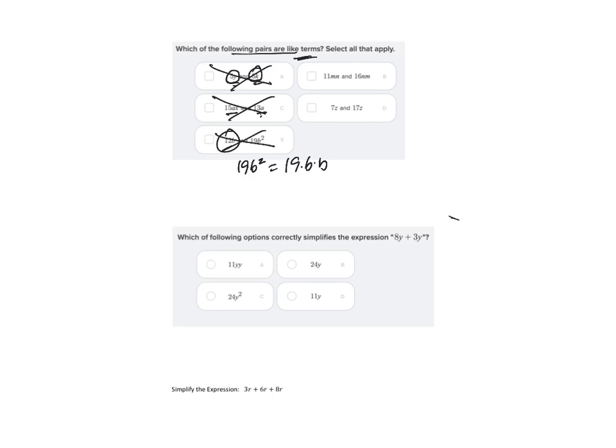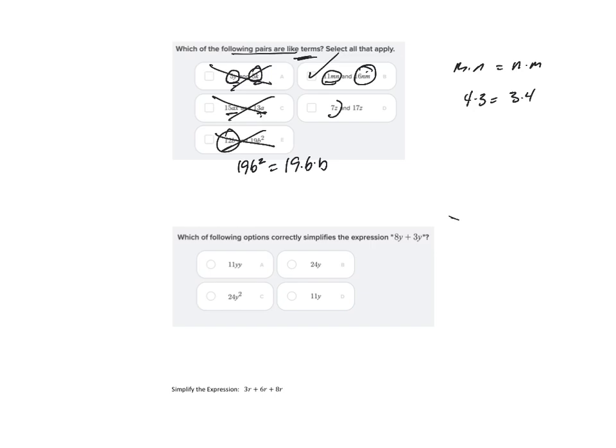And this one has 11mn, and this has 11nm. Well, if we use the commutative property, m times n is the same thing as n times m, just like 4 times 3 gives us the same result as 3 times 4. All right, so that one works.